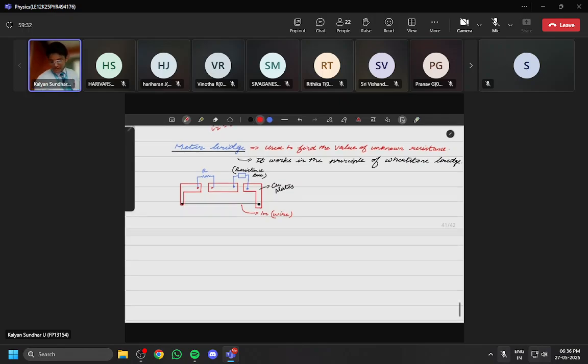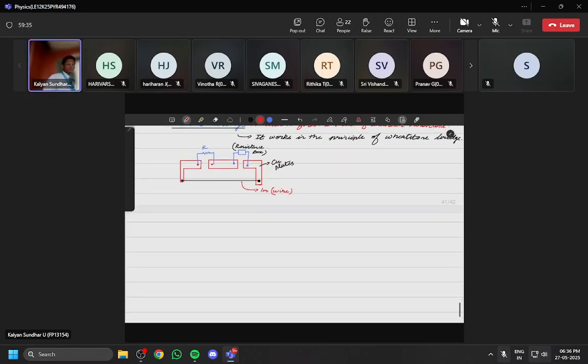Now along with this we'll be setting up a battery here. And this is your key. Which has got the potential of P. Right?